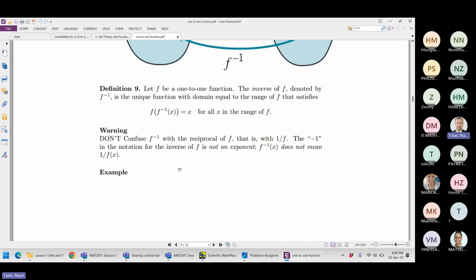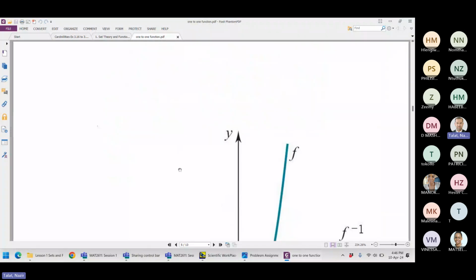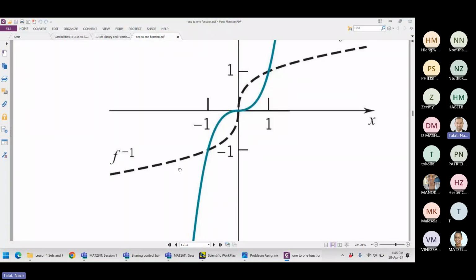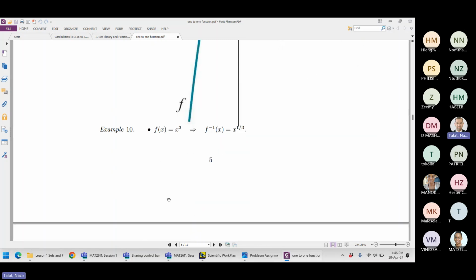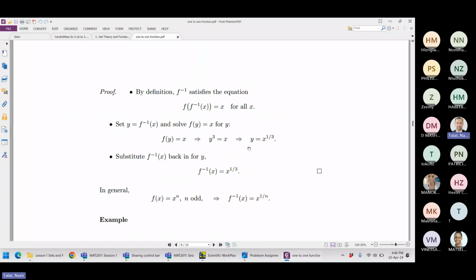And here we saw some examples of how to compute the inverse of a function. Like if f is a function going in this way, then the inverse will take the opposite values, like the x-axis will become the y-axis and the y-axis will become the x-axis. For instance, if f of x equal to x cube, then f inverse of x equal to x to the power 1 by 3, just into its opposite form.